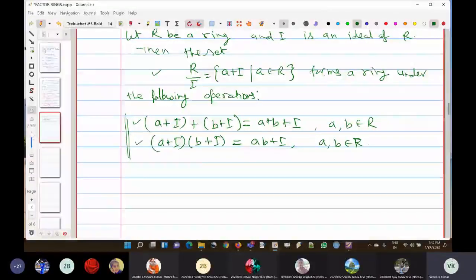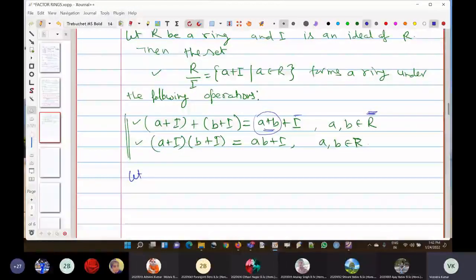And for example, suppose we are taking any two elements here. Of course, the sum is all right, because A and B are members of the ring R, and therefore this belongs to the ring R itself, and this I itself.